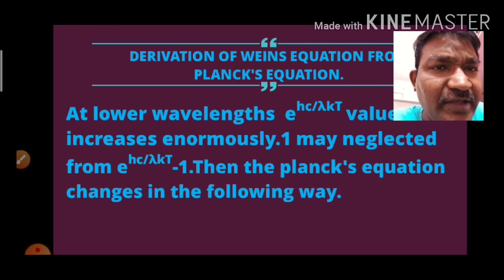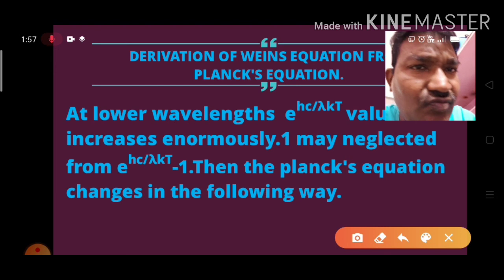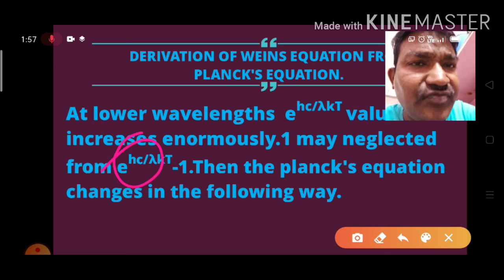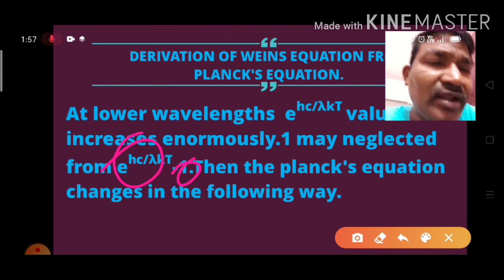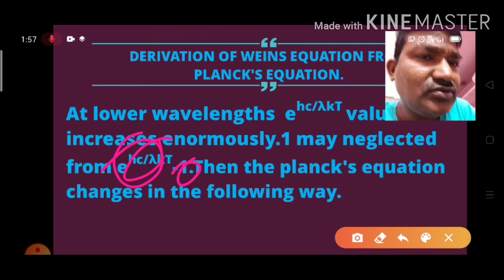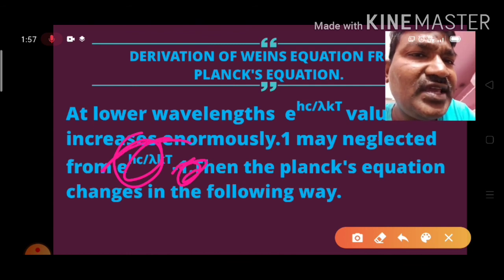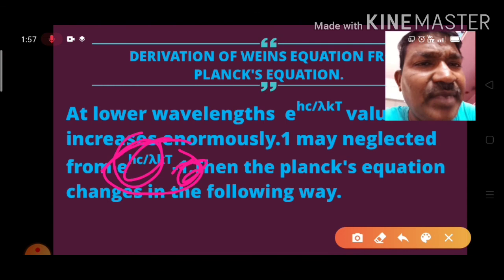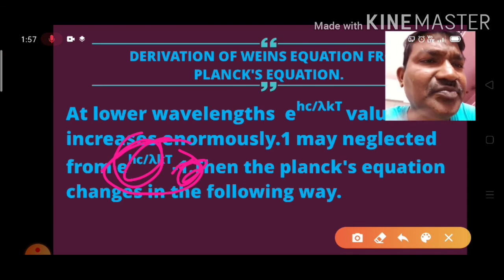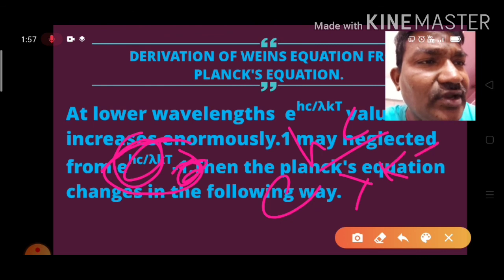As this value increases enormously, we can forget about the 1, because this value is very high. So we can remove this one, and in the place of e to the power of hc by lambda kT minus 1, we can write simply e to the power of hc by lambda kT.